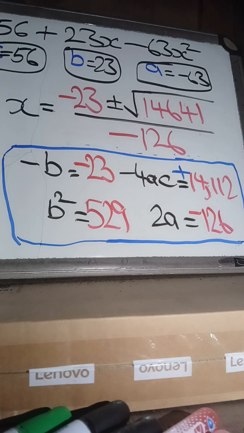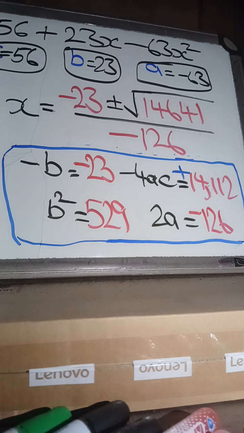Alright, if I square 11, I get 121. But if I multiply 121 by 11, I get 1331. And there's a pattern where you have 11, then 121, then 1331, and after 1331 you have 14641.